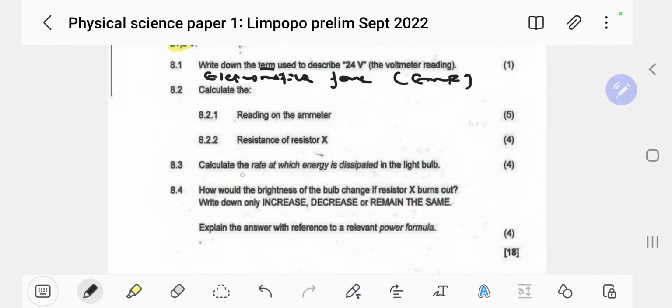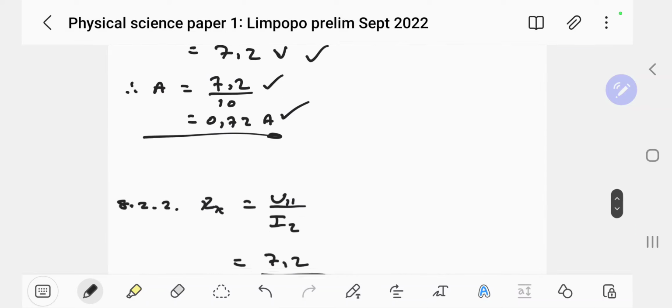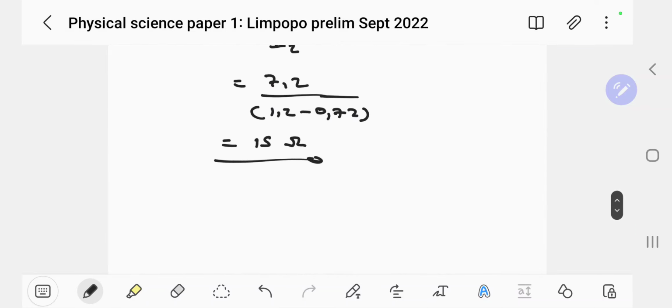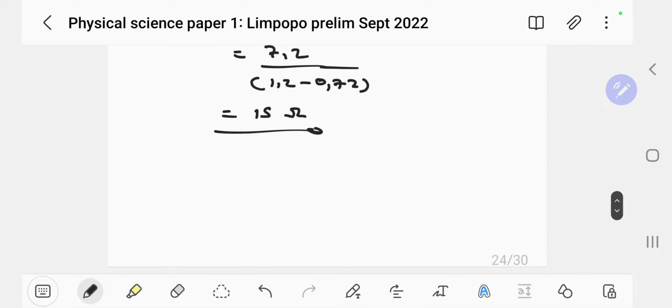Now we're told to calculate the rate at which energy is dissipated in the light bulb. Okay, so easy. So this is 8.3.